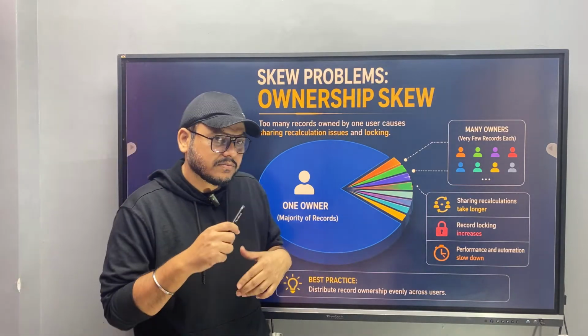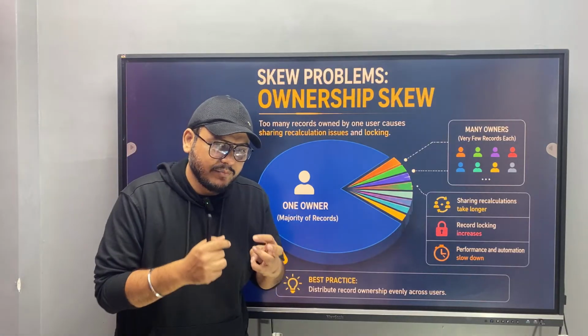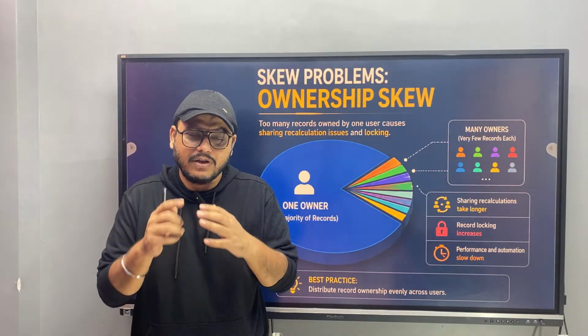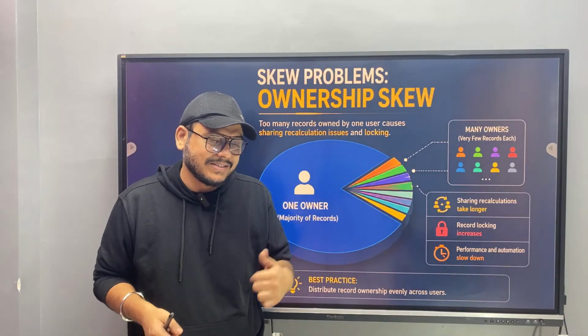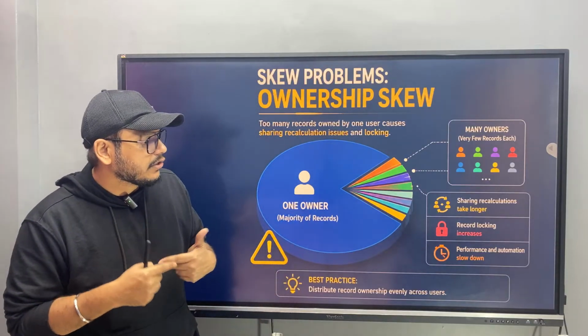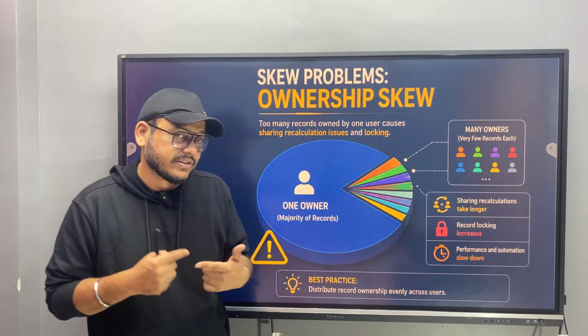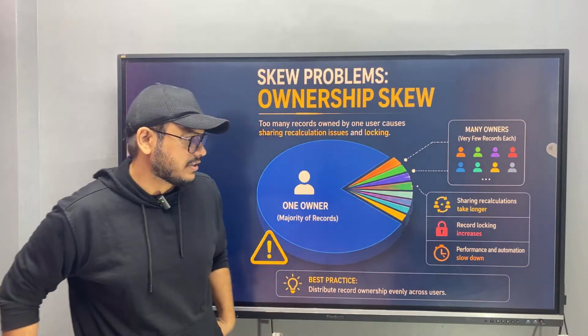So now this basically creates a lot of issues, because if you have hundreds of thousands of records assigned to just one single owner, it will continue to cause problems for every sharing, recalculation, etc., because a lot of records are owned by the same user.